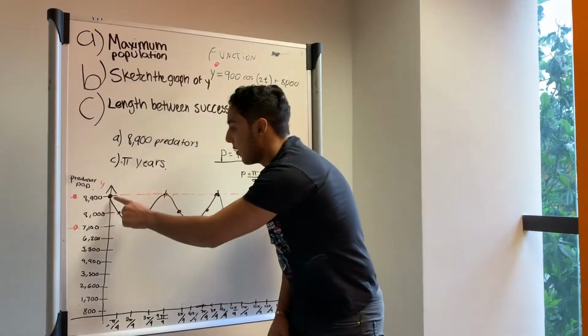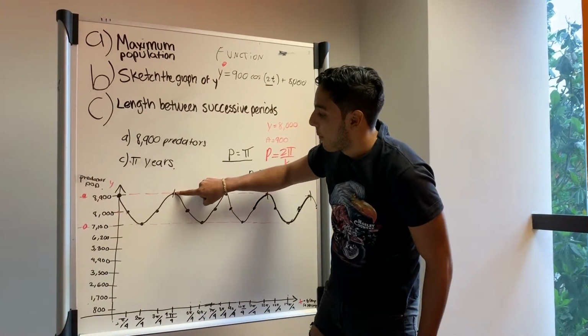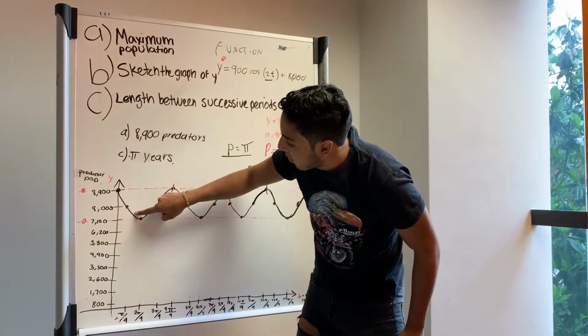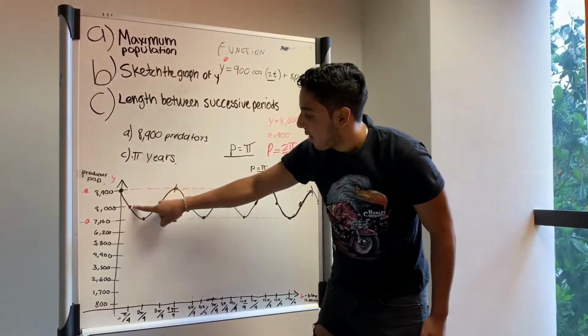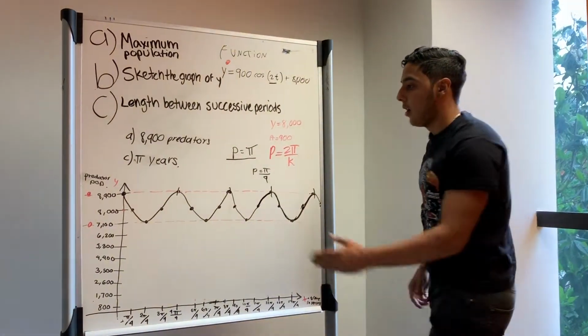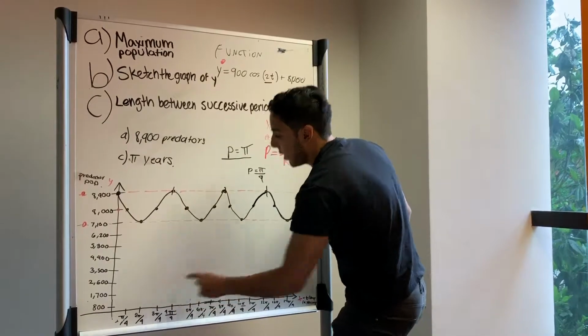From this to here is only one period, because it goes downwards from its middle point, and then it goes upwards from its middle point. So the period is from here to P.